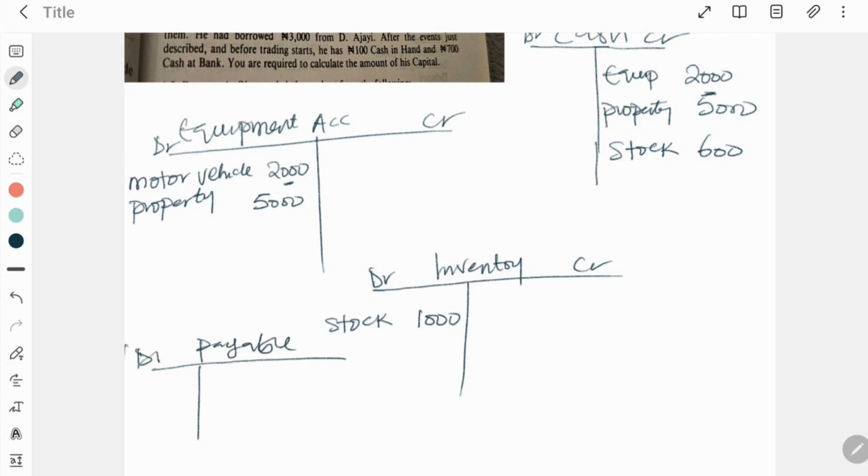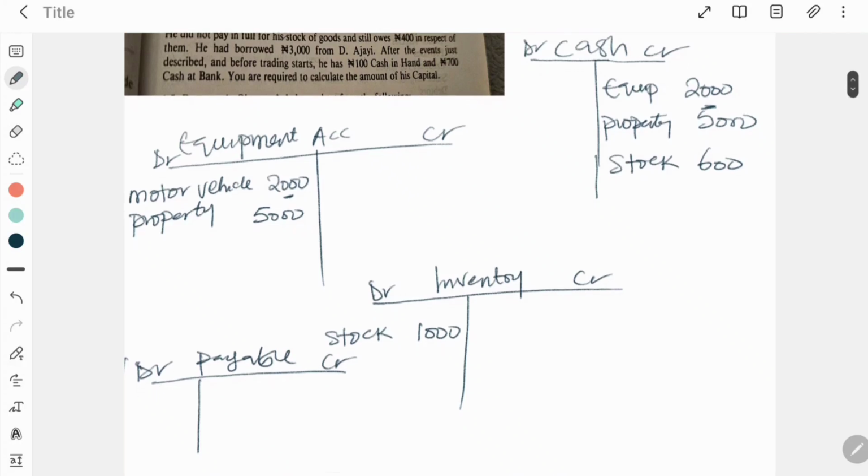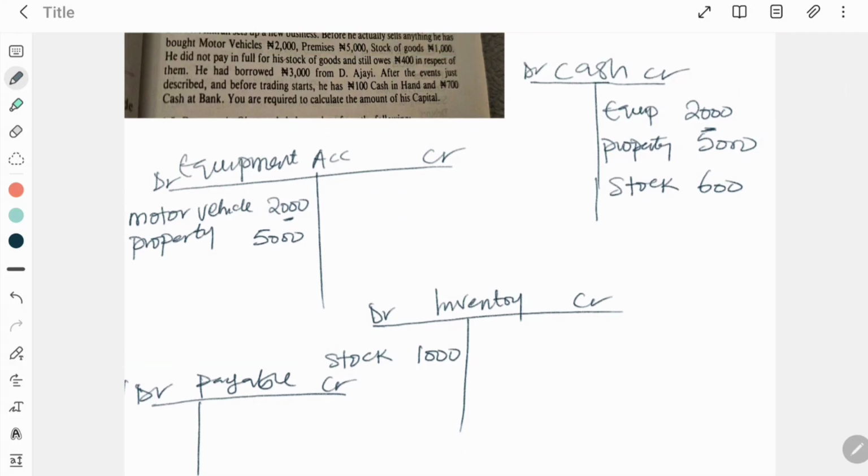Debit, credit. Payable is an account where we record what we owe to other businesses. So we're still owing 400 naira, and we're going to record it on the credit side of our payable, because payable is a credit balance account. So stock, 400.